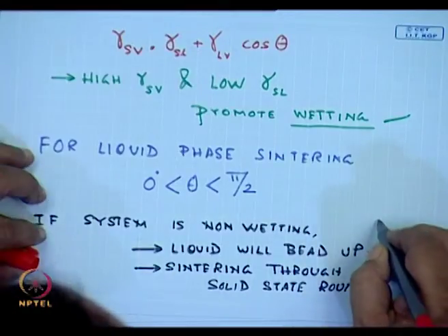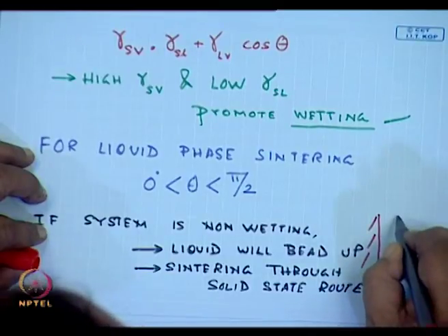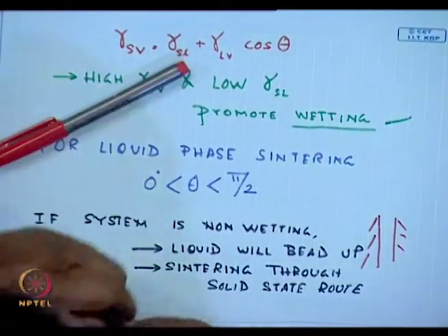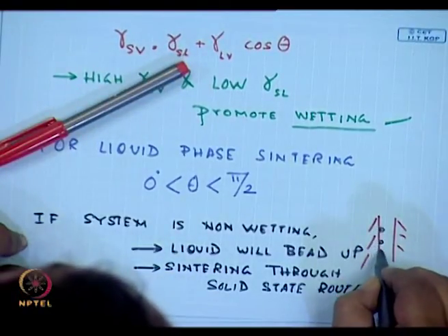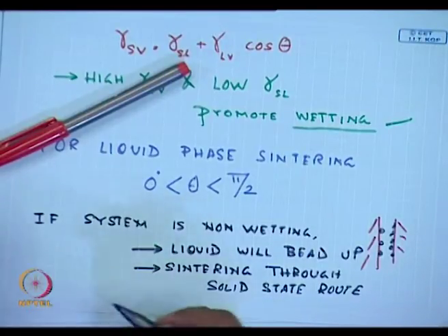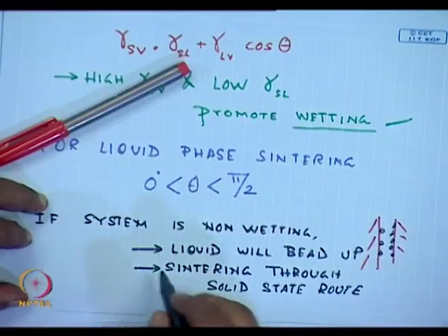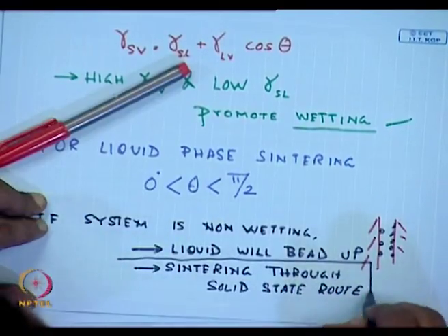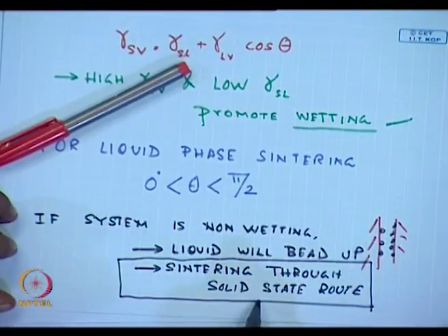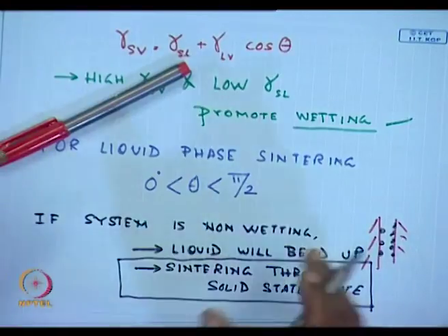This is a surface, this is another surface, and the liquid has formed beads like this. How does sintering proceed in that case? Sintering can only proceed, even in the presence of liquid phase, through the solid state route. Once the liquid generated is not wetting, liquid phase sintering will not occur.